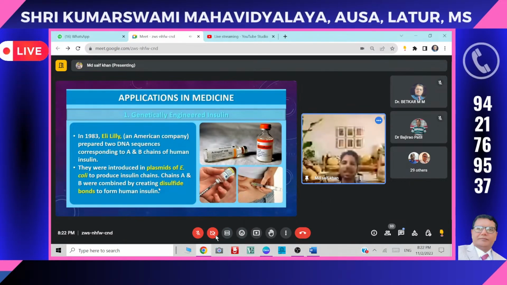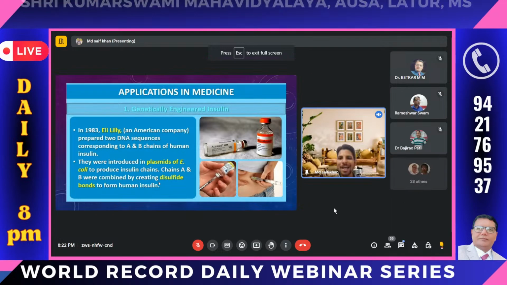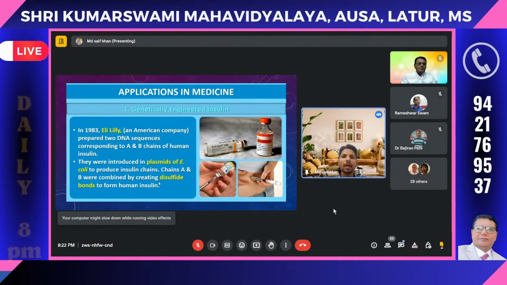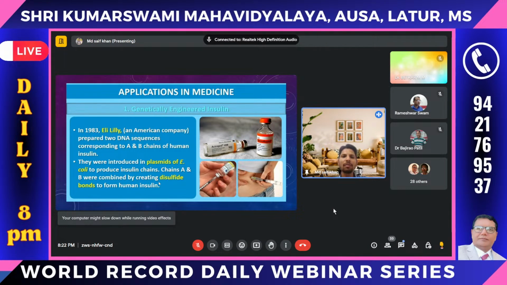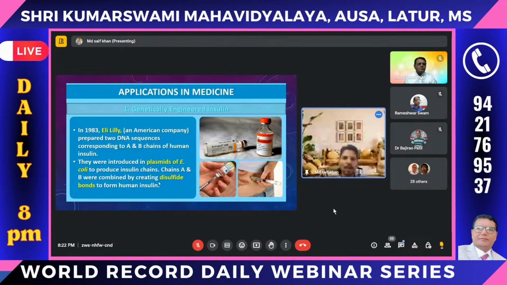As you know, the bacterium Escherichia coli has a circular double stranded DNA called a plasmid, which is used as a vector for transferring the DNA into the host cell. The chains A and B were combined by creating a disulfide bond to form human insulin.